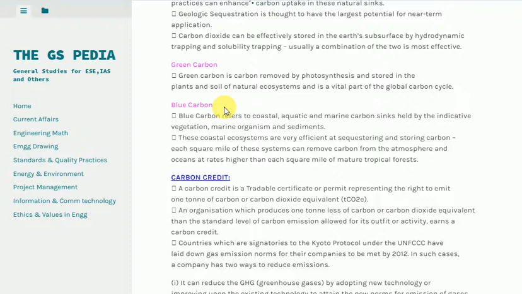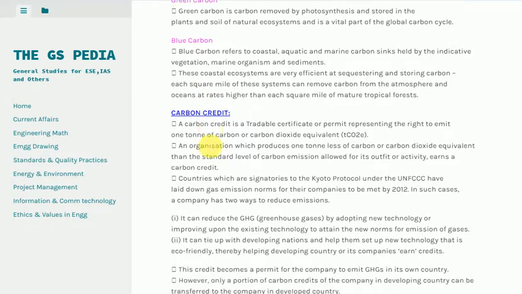These coastal ecosystems are very efficient at sequestering and storing carbon. Each square mile of these systems can remove carbon from the atmosphere and oceans at rates higher than each square mile of mature tropical forests.